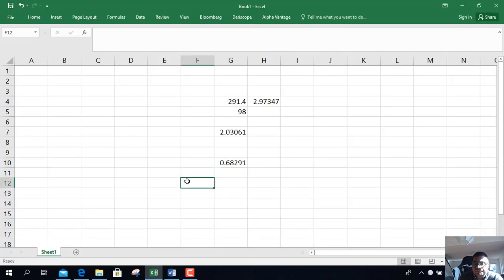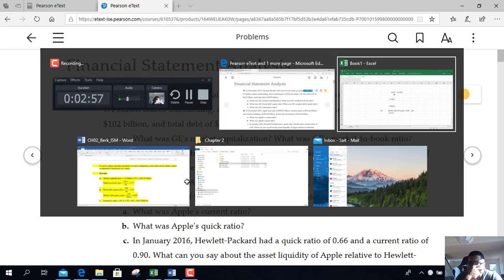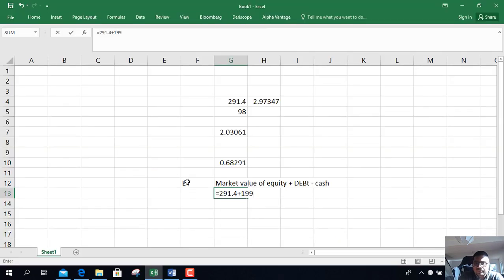So if you put the numbers in, 291.4 is the market value, plus the debt, 199 billion, minus the cash.